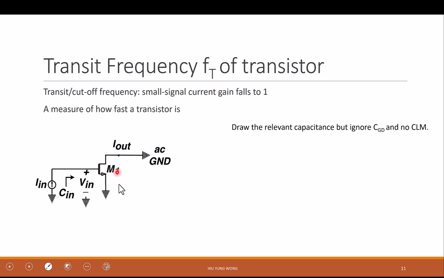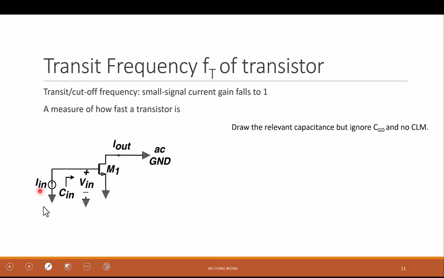It is like we bias the transistor in AC mode and current mode. We apply a current to it and find out the output current. If you still have current gain, then that is good. But when you go to very high frequency, the current gain will start dropping, eventually becoming 1. And that is the point, that frequency, that you call the transit frequency.